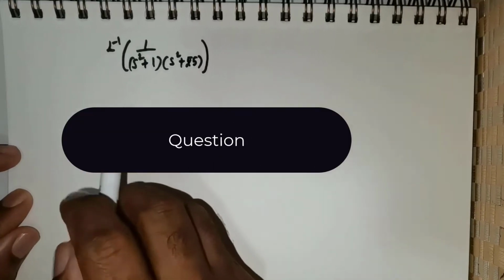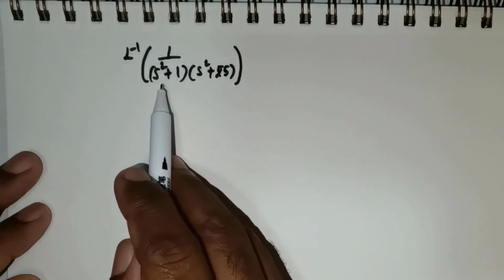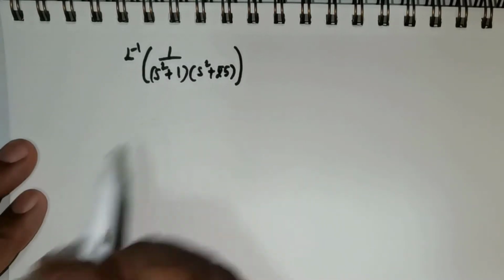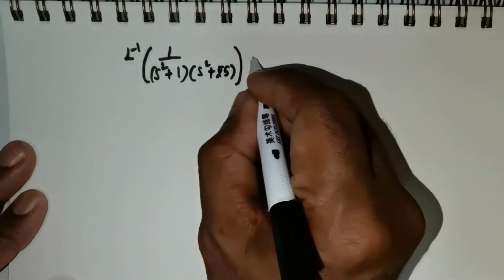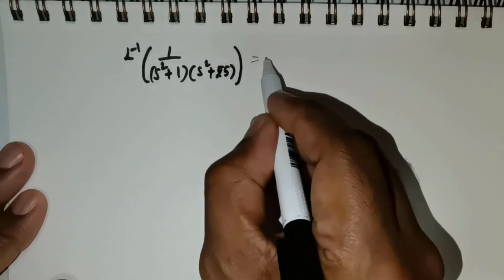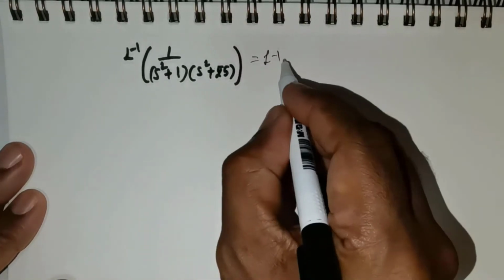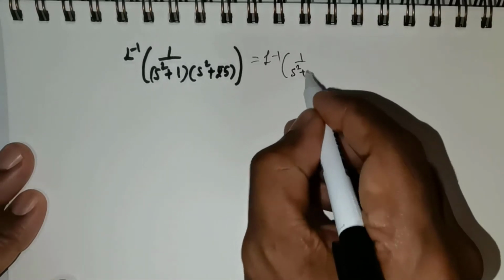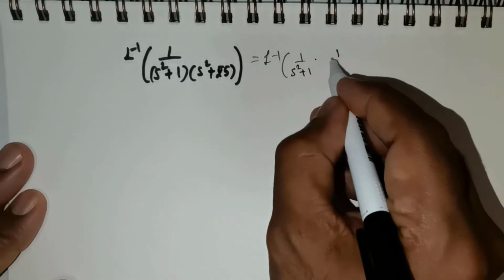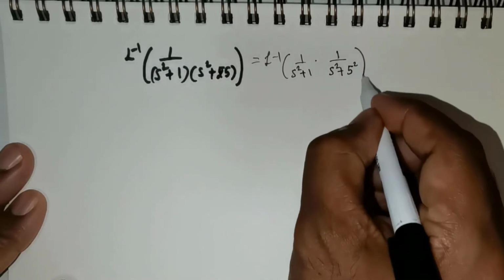Students were given this question. We expected to find the Laplace inverse of 1 over s squared positive 1 times s squared positive 25. Now I would be rewriting this as Laplace inverse of 1 over s squared positive 1 times 1 over s squared positive 5 squared.